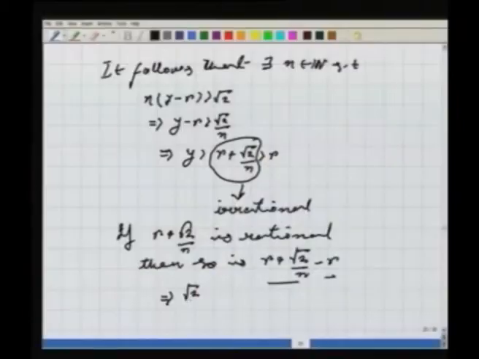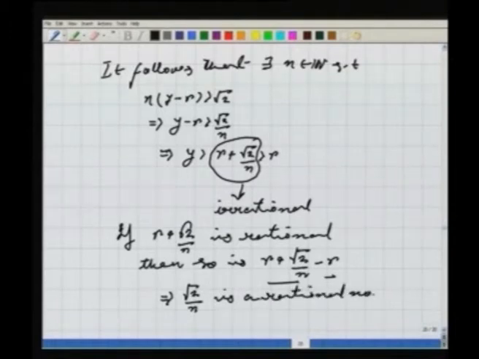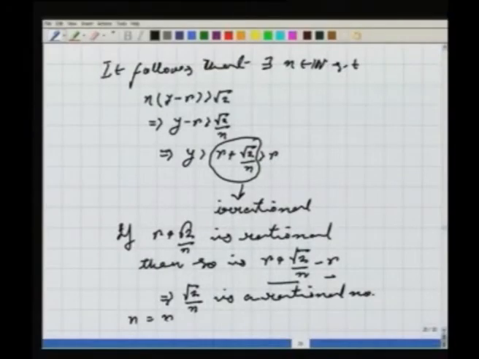But this implies that root 2 by n is a rational number. Well, I also know that the product of two rational numbers is a rational number, and of course, any natural number is a rational number, right, because n I can always write as n by 1.